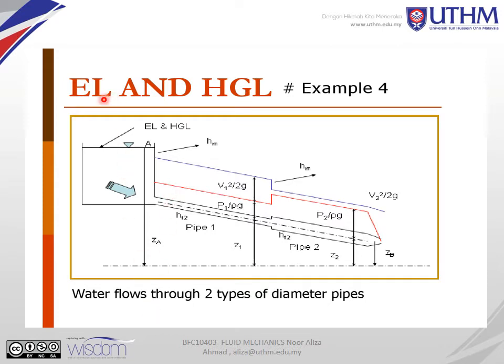So this is example 4. Draw the EL and the HGL when water flows through two different pipe diameters, pipe 1 and pipe 2.